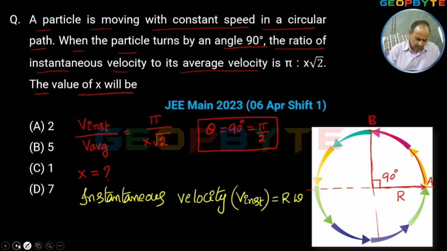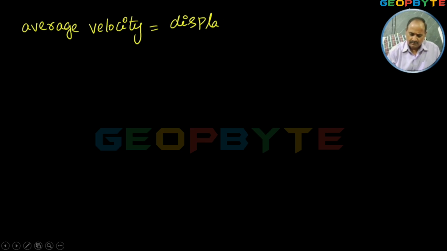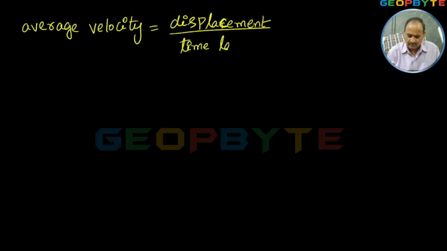Now let us decide the average velocity. Average velocity is equal to displacement of the particle divided by the time taken.